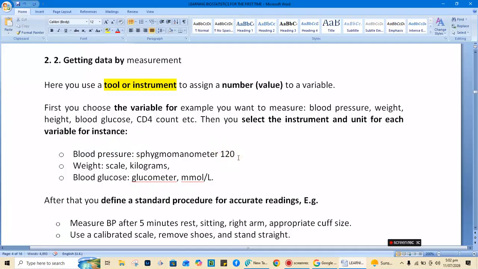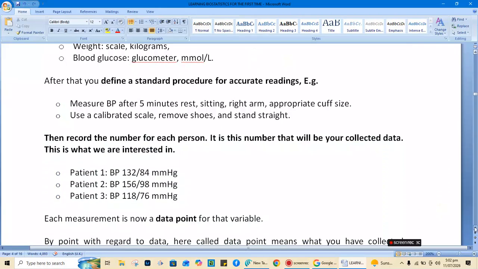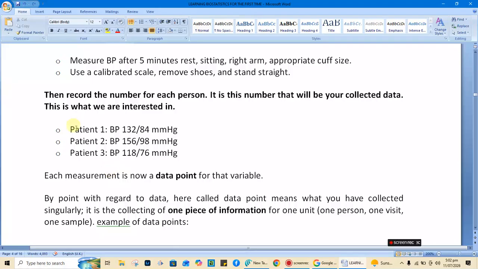No, you have to put blood pressure like it has been put here. Then you put the instrument, and then you put the number and the unit. For example, maybe you have measured 3 patients, so you say patient 1 BP is 132 over 80 millimeters Hg, patient 3 such as that.